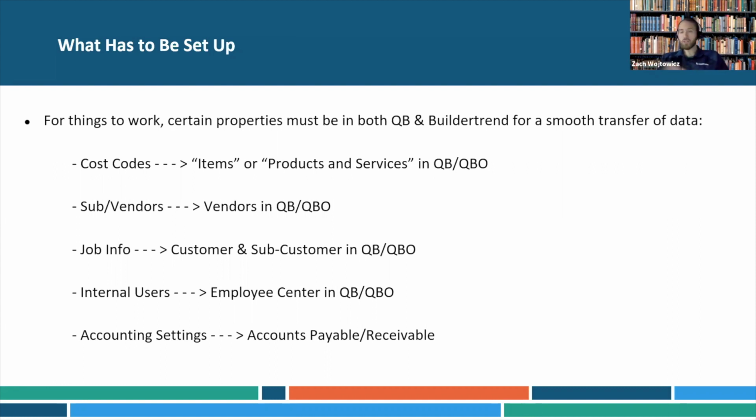Your sub vendors, those already exist in your QuickBooks account. You just export them out and we can mass import them into Buildertrend at that point. Your job info will link up to your customer information. Your internal users, if we haven't talked about that, but time clock, we integrate with the weekly timesheet for payroll. Love it. You already have your employees set up in QuickBooks, and you probably have them set up in Buildertrend. You just need to map them together.